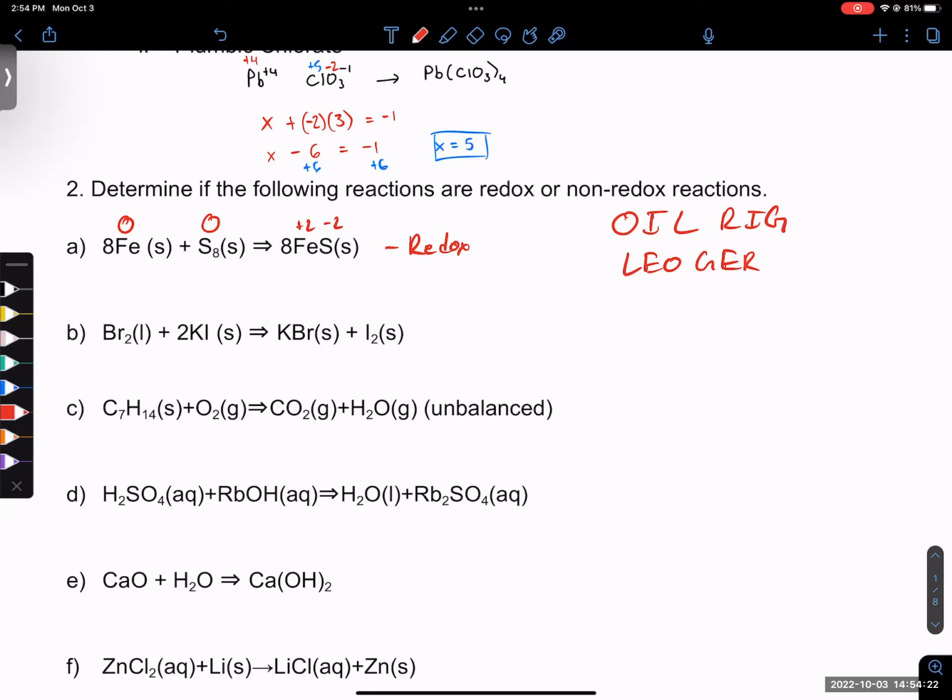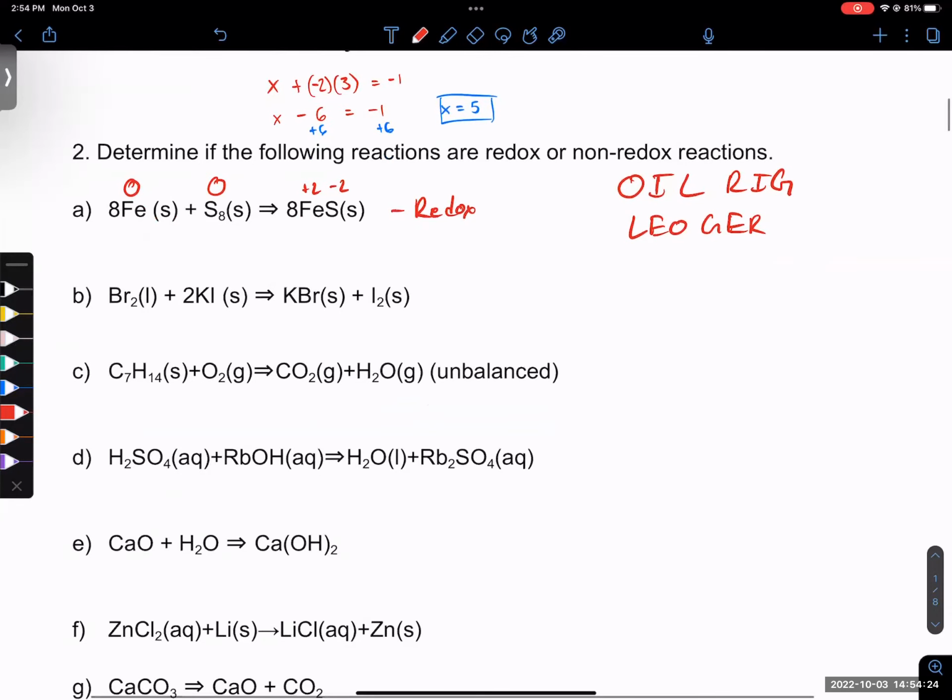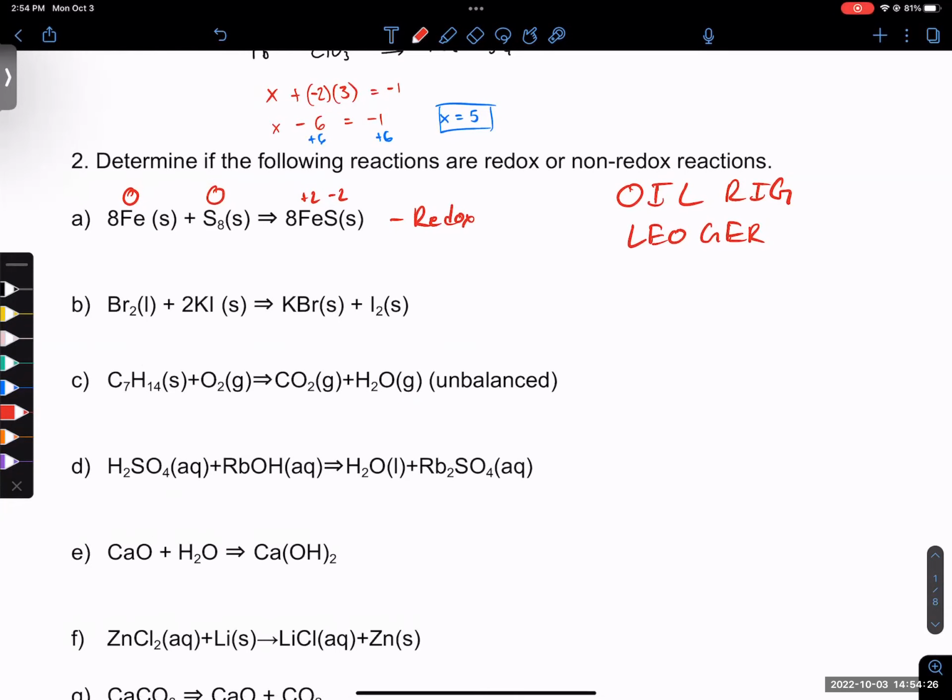The thing that's being oxidized is actually the reducing agent, because in order to get oxidized, you have to lose electrons, and in doing so, you're giving your electrons to something else, so you're reducing something else. Does that make sense? If you forget, they're always flip-flop. So oxidized is the reducing agent, reduced is the oxidizing agent.